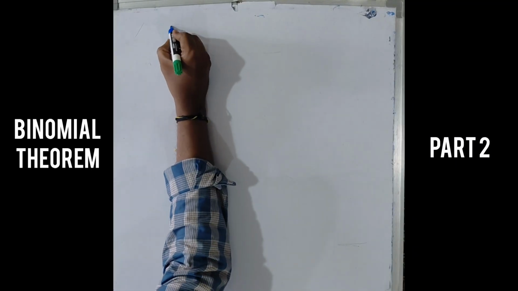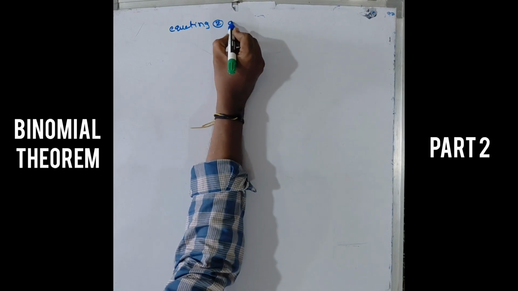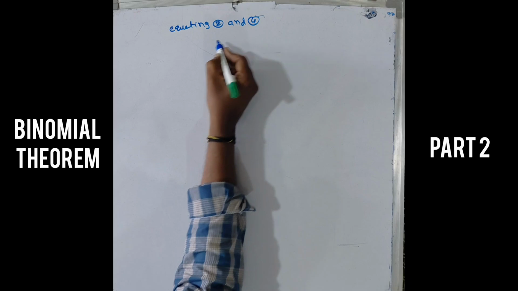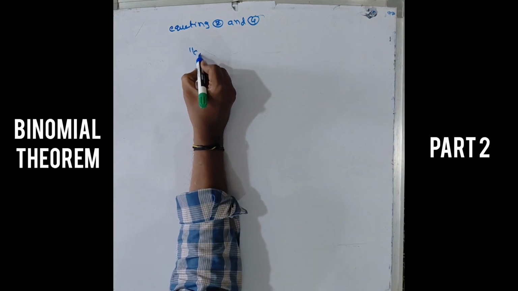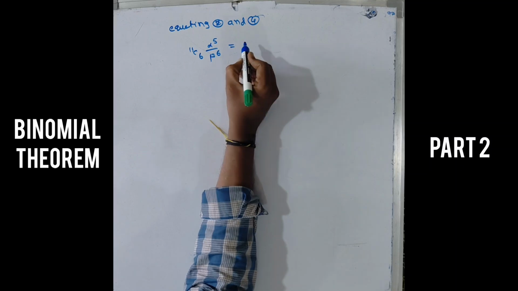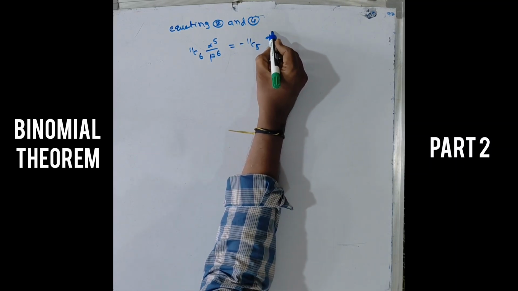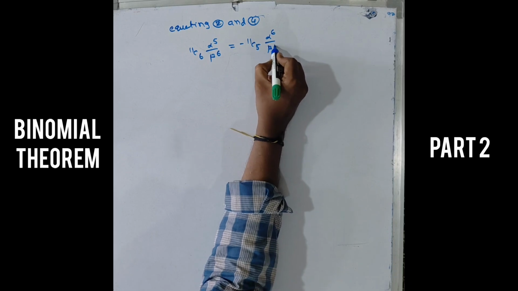Equating 2 and 4. Okay, 11C6 alpha power 5 by beta power 6 is equal to minus 11C5 alpha power 6 by beta power 5.